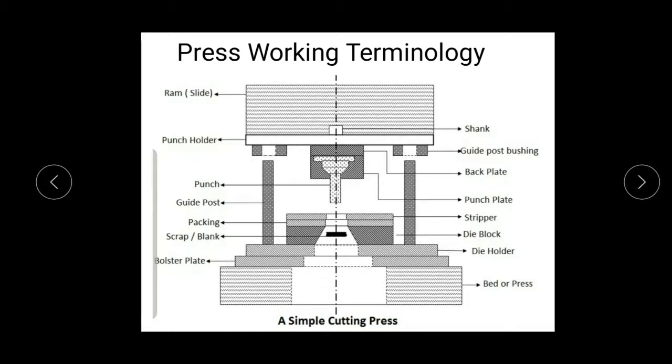The function of the punch plate is to hold the punch in its proper relative position. The punch plate fits closely over the body of the punch. Here this is a punch. Over the body of the punch, this punch plate fixes. It is also called punch retainer.